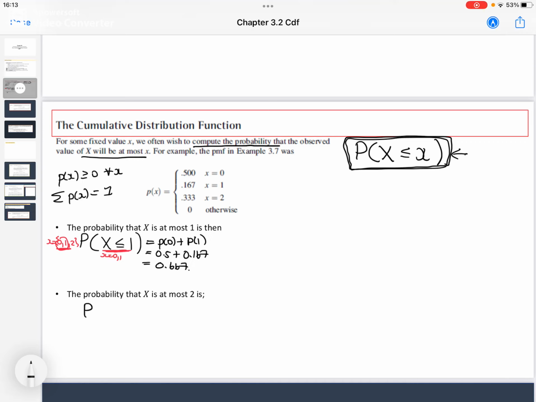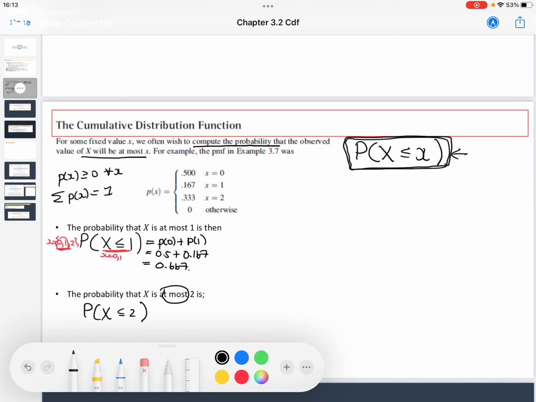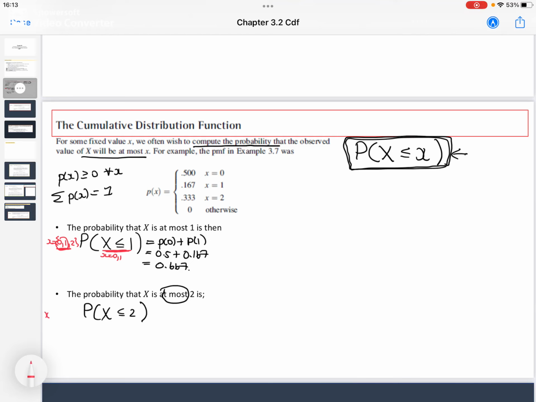Okay, good. Now the probability that X is at most 2, that is P(X less than or equal to 2). At most is the key phrase, meaning any possible value that is less than 2, including 2. So 2 is the threshold, or the maximum value that we're looking at here. Which possible values of our random variable X are less than or equal to 2?